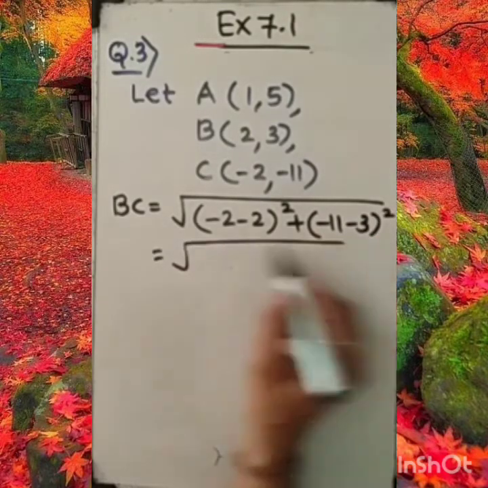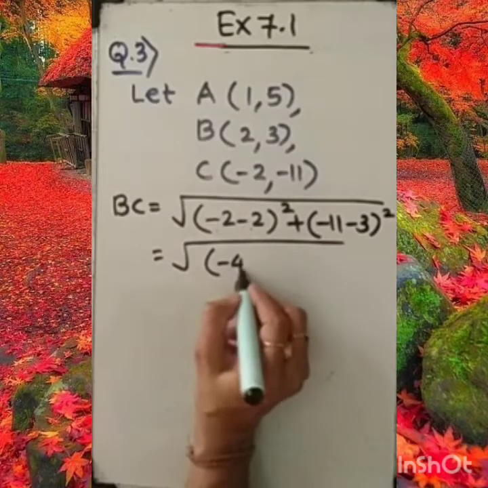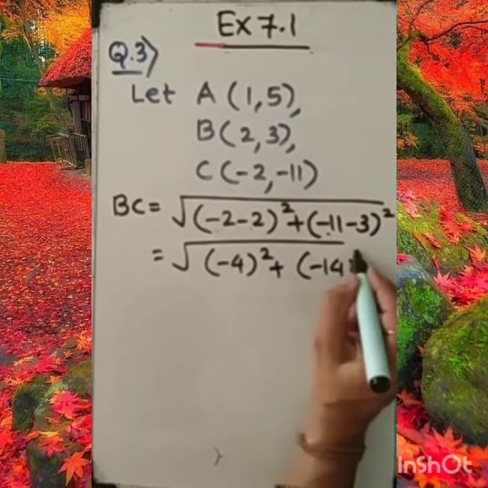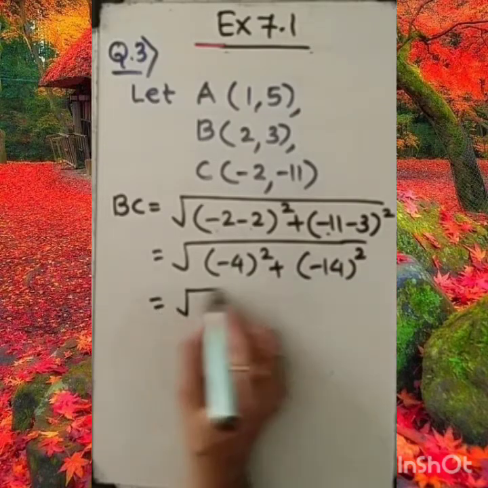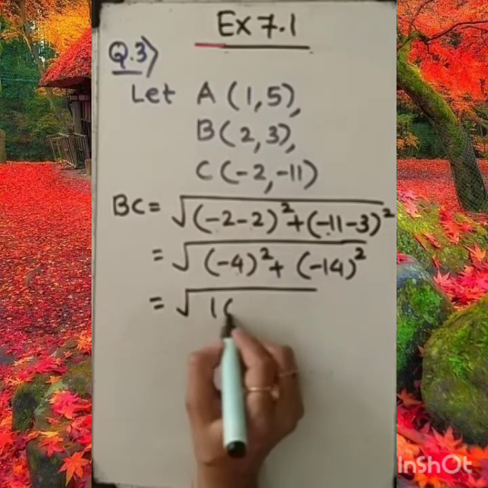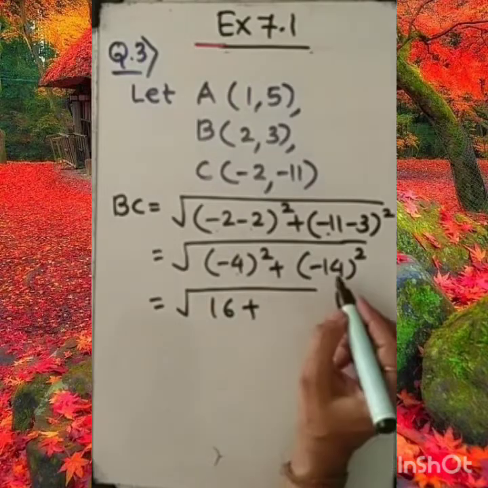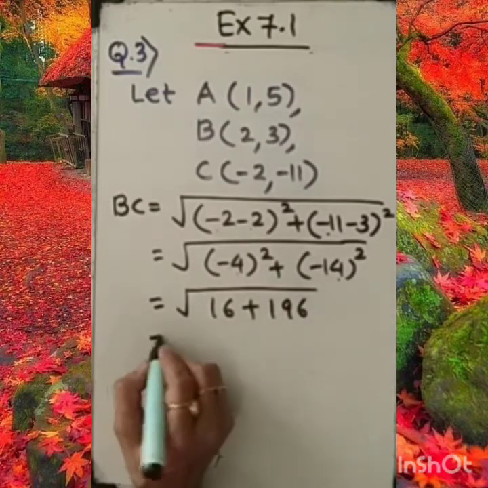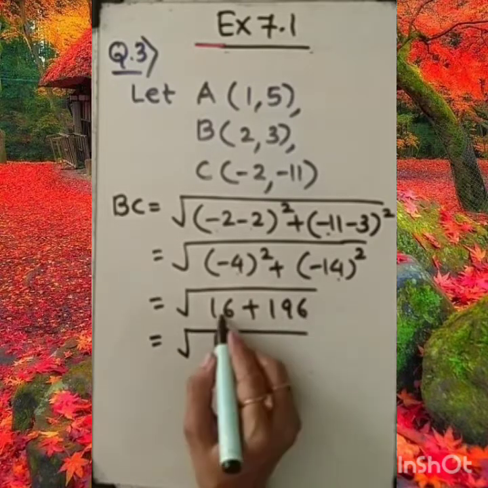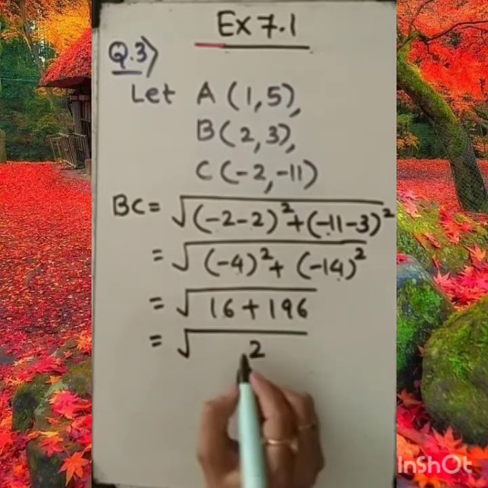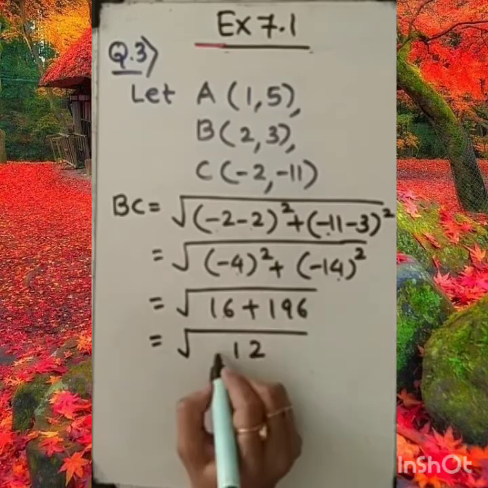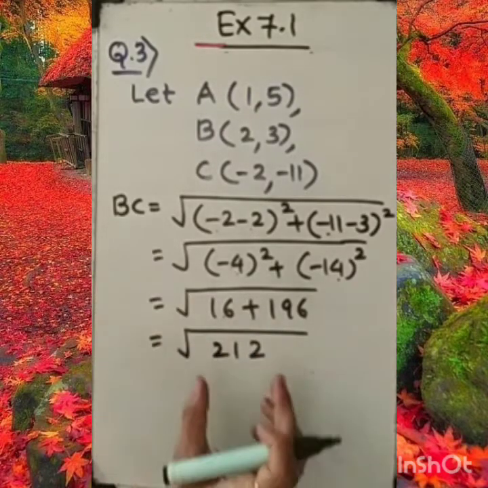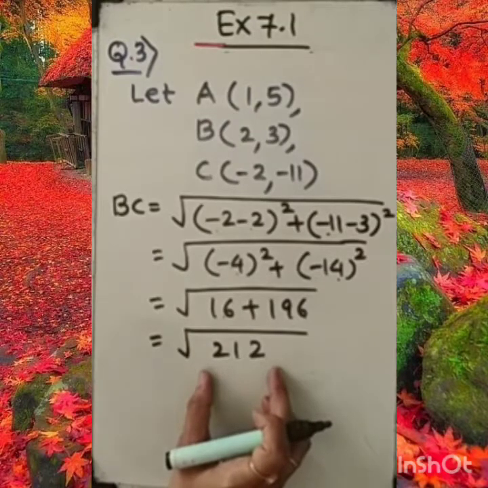Dear student, you know very well the square of minus 4 is the positive number 16 and the perfect square of 14 is 196. So if I add, then what do I have? 6 plus 6, 12, then 1 plus 1 plus 2, 212. So the distance between B and C is coming under root 212.